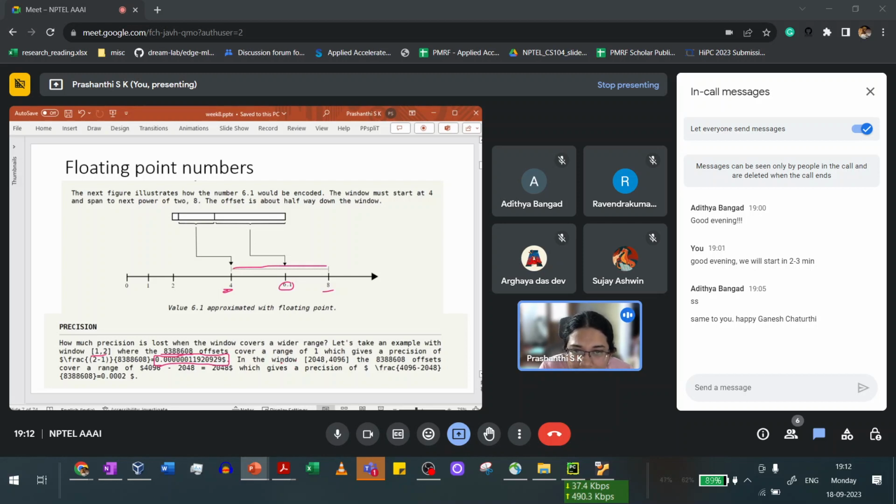But if you take a larger window like 2048, 4096, this window covers a range of 2048, basically 4096 minus 2048. But what is the precision you get here? It is 0.0002. So you can compare this small value to this, right?